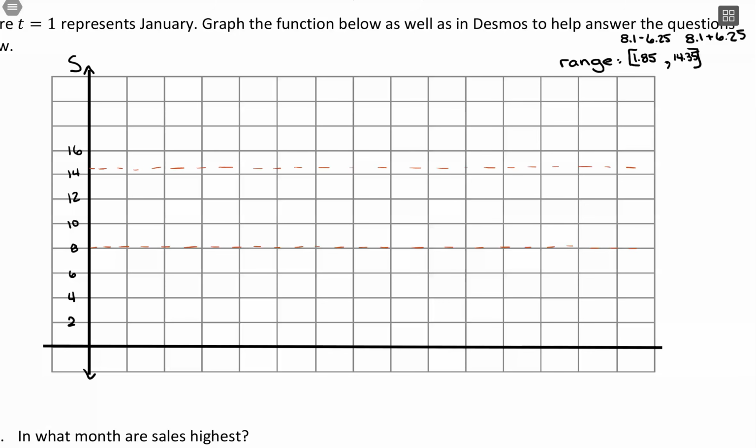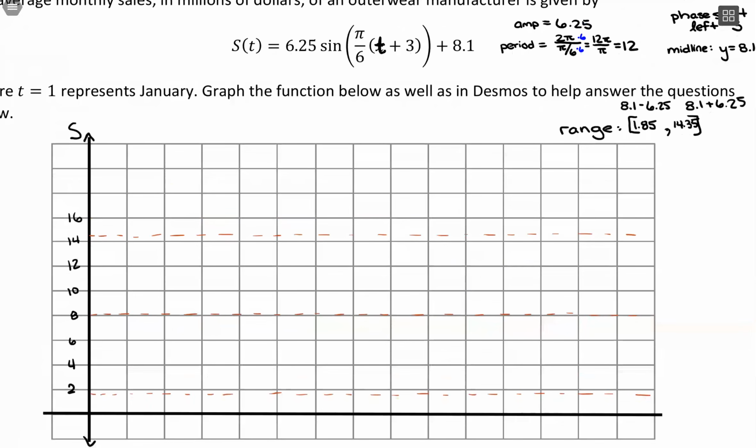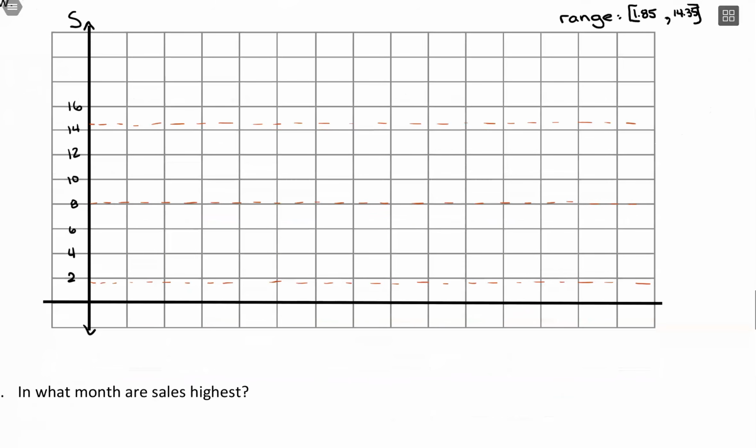And then for the lowest value, 1.85, so a little less than 2. So that gives me some restrictions to work with for our graph. And then for the period, well, we really want to see the mapping for one full year, so I just need to go up to 12. So I'm going to go 1, 2, 3, 4, 5, 6, 7, 8, 9, 10, 11, 12. And that axis is for time.